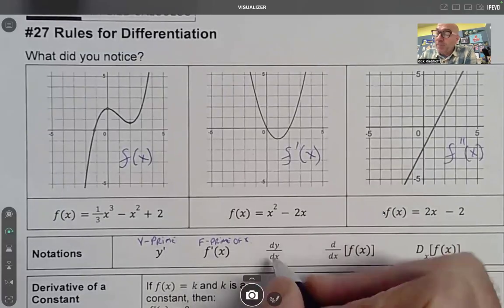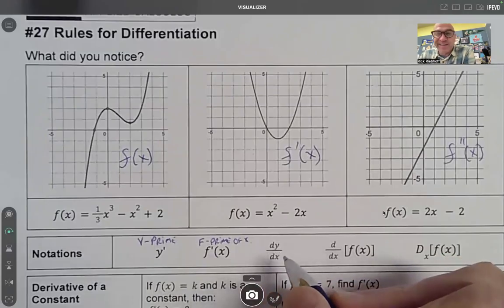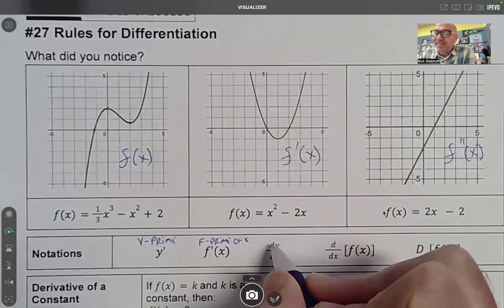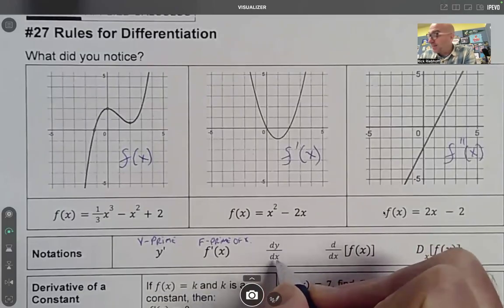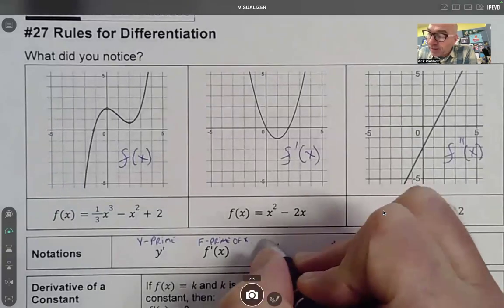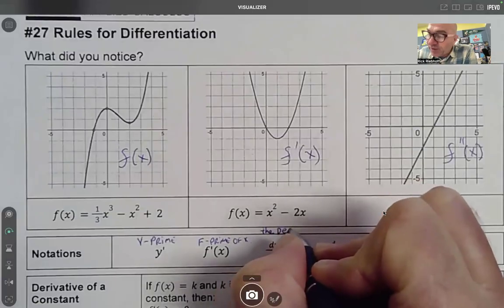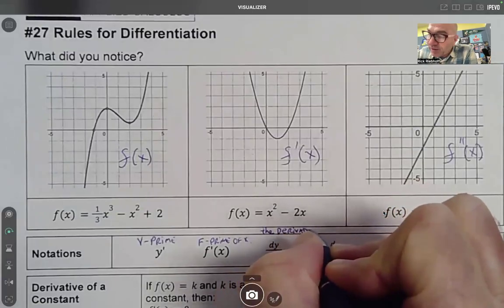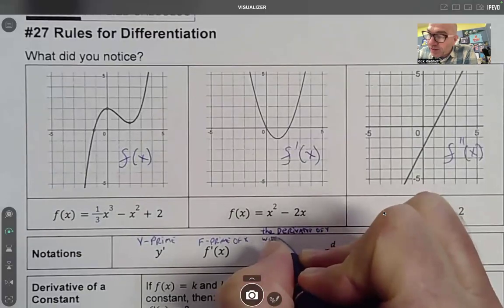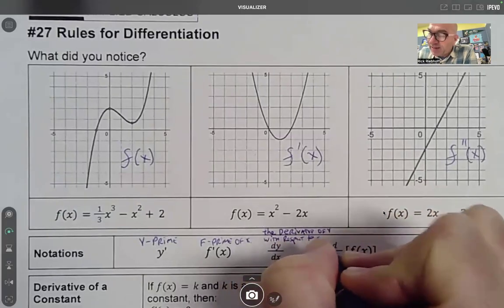We can also do this, dy. It looks like divided by, and it kind of is, but kind of isn't. This is dy over dx. And the way we call this is the derivative of y with respect to x.